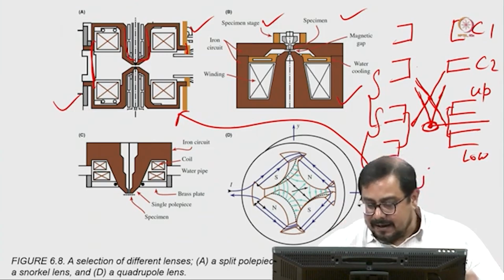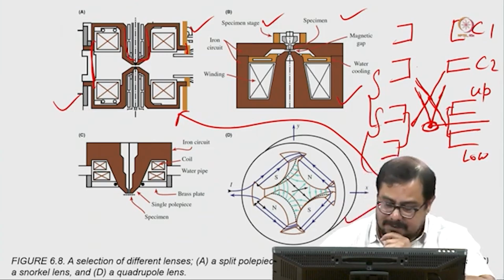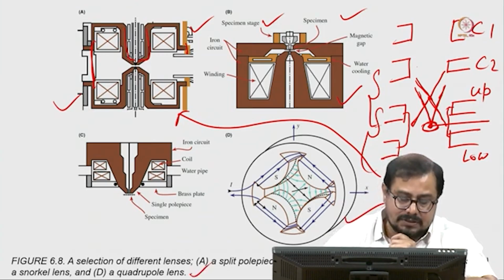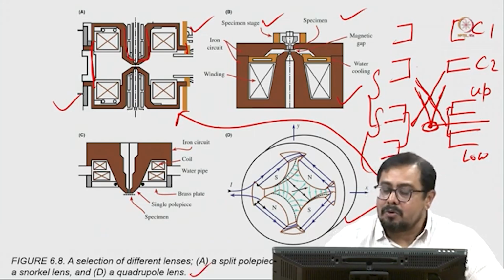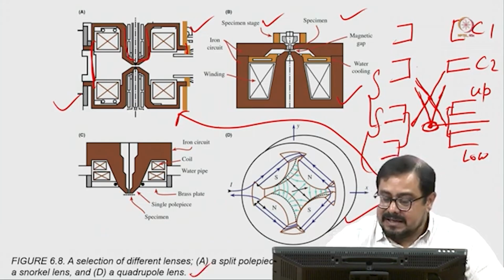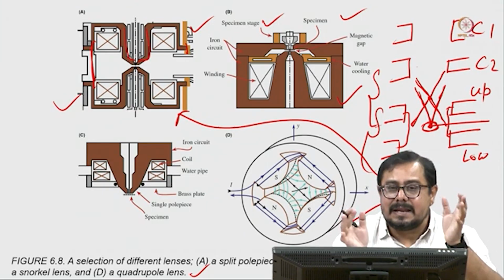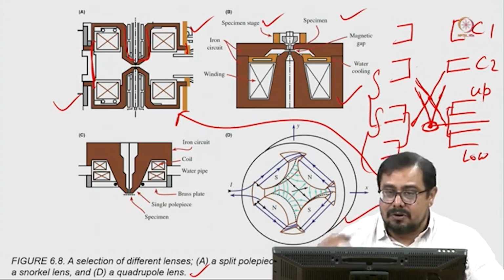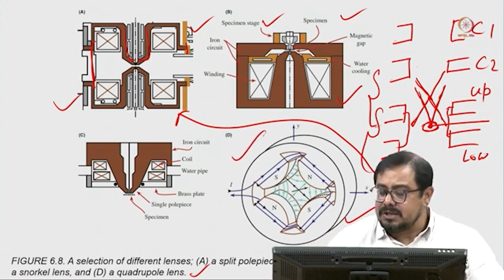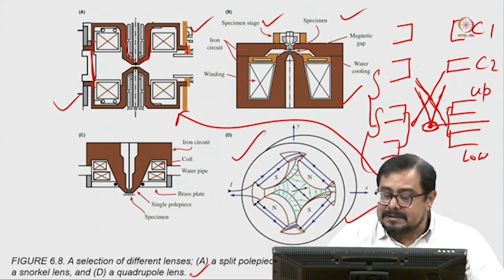Now there is another very important lens system, called the quadrupole lens. The quadrupole lens basically helps us to correct any kind of aberration, that is, the stigmator. We use the quadrupole lens where south, north, north, south poles are connected in this orientation.